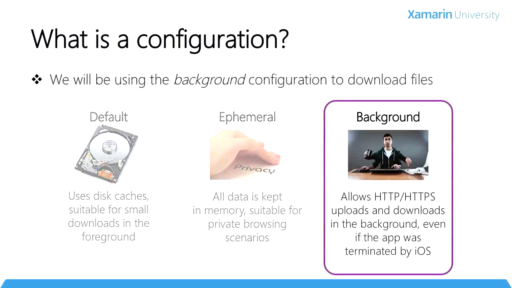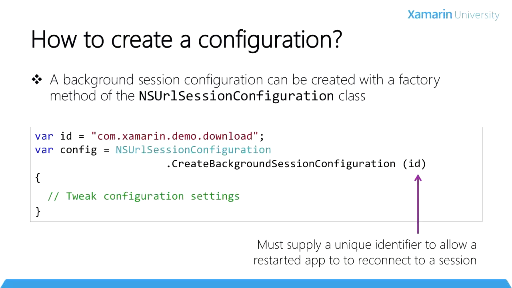And then there's the background configuration. This allows uploads or downloads, and they have to go through the file system. And that's the one that we are going to use because that allows us to hand off downloads to the operating system. If we want to create such a configuration, we can use a factory method of the NSURLSessionConfiguration class.